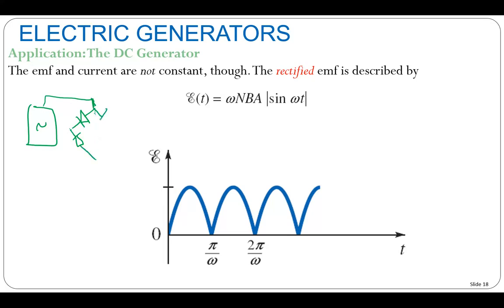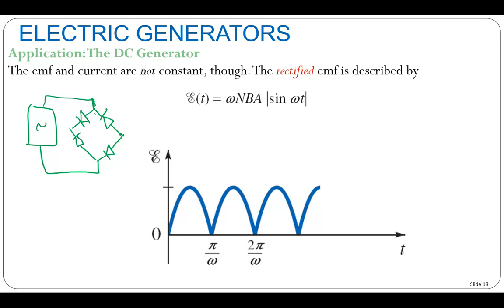Anybody know what a diode is? The original word actually comes from vacuum tubes. But the diode has two sides, a positive side and a negative side, and you make it with a semiconductor these days.